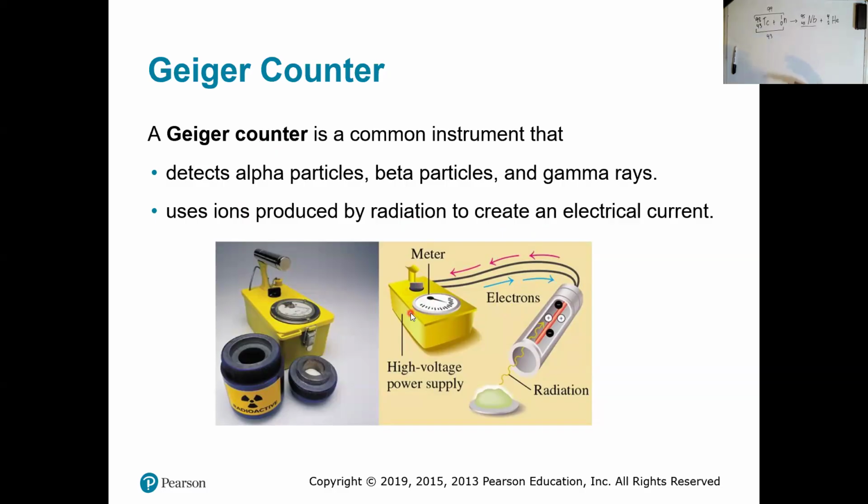It's going to emit that crackling sound that I think everyone's familiar with when you think of detecting radioactivity. The more sound it makes, the more radioactive material is present. The quieter it is, the less radioactive material is present.